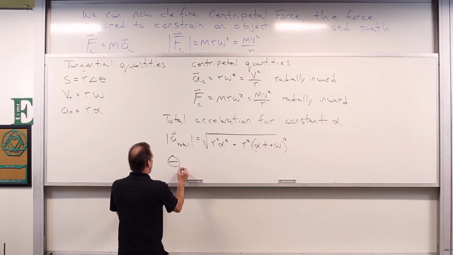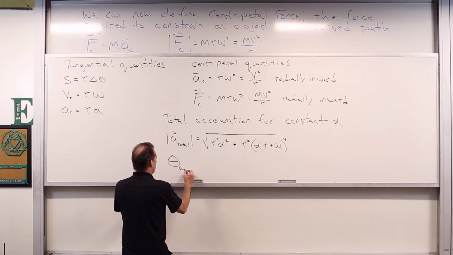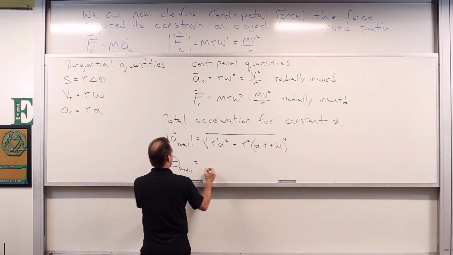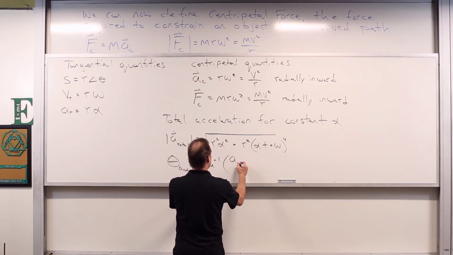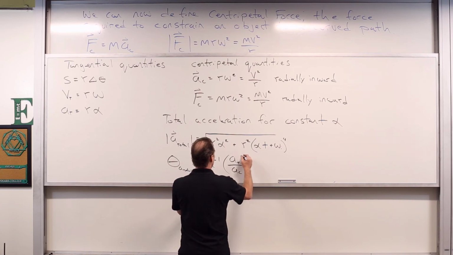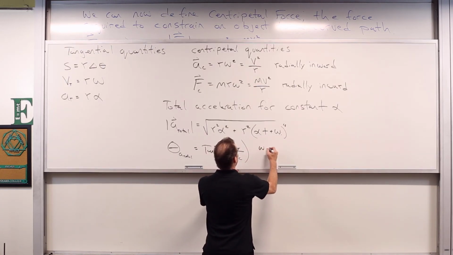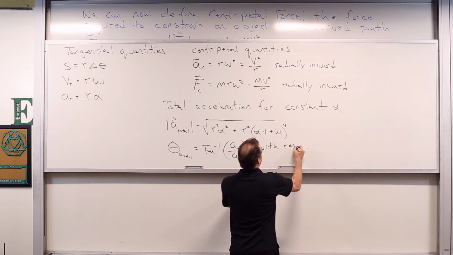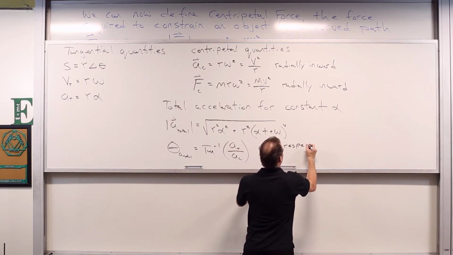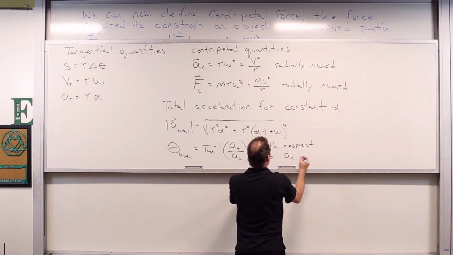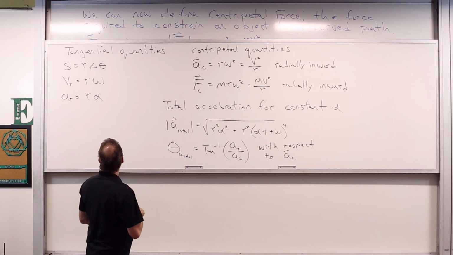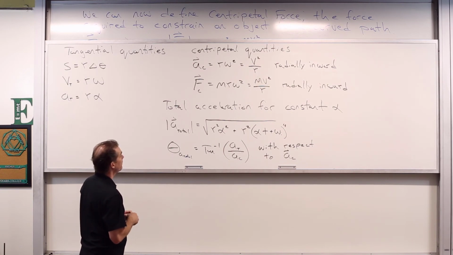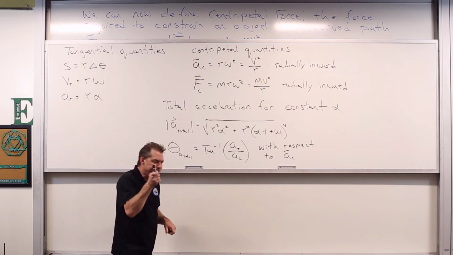And theta total is the arctangent of a sub t over a sub c, with respect to the direction of a sub c. And that's pretty much that. All right, let's look at a problem, shall we? We shall.